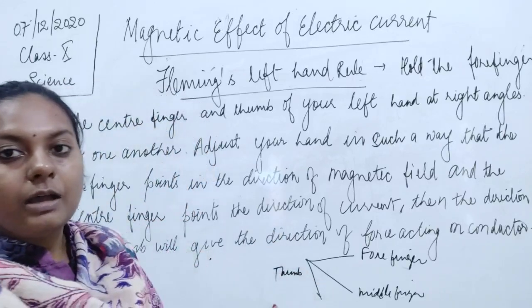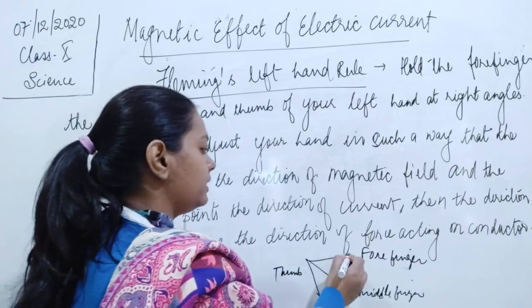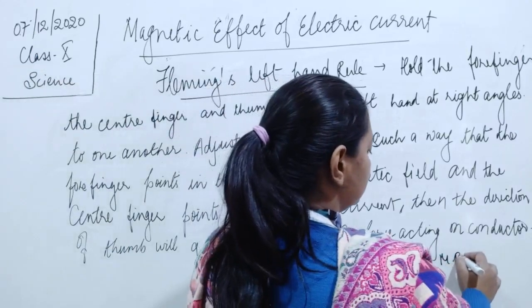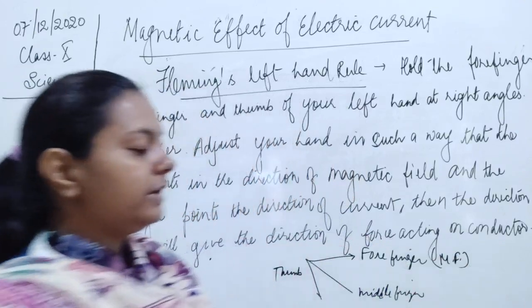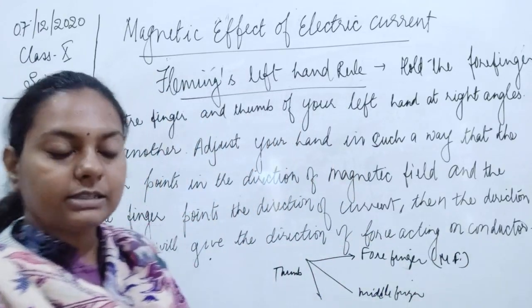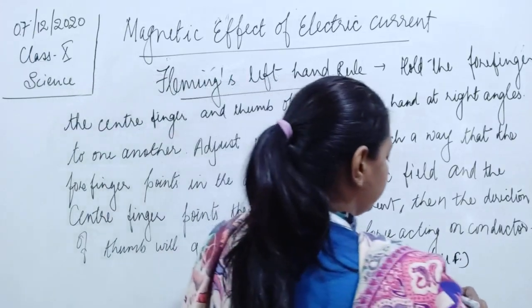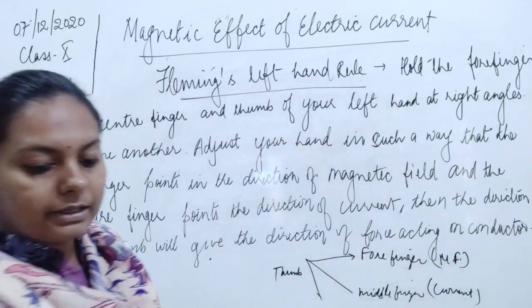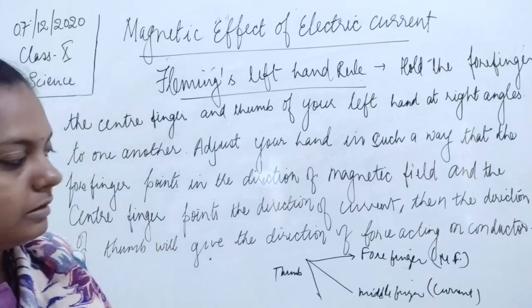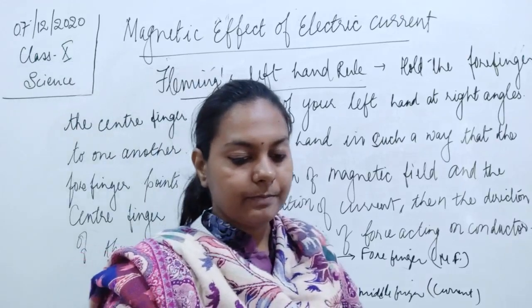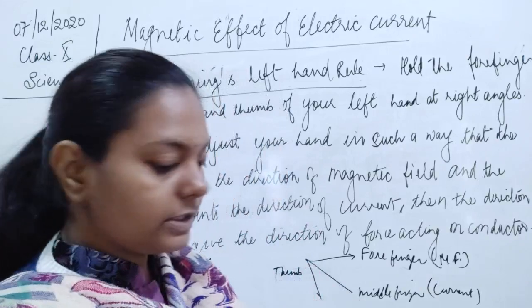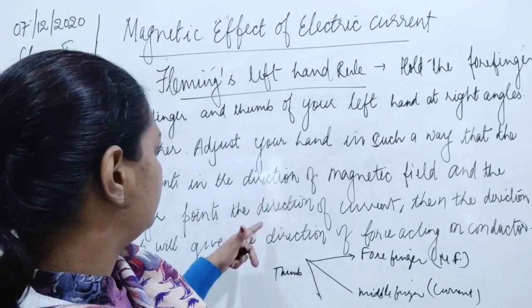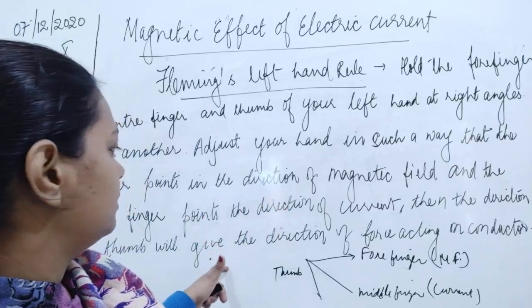ठीक है. अब क्या होगा, ये जो 4 finger है, this points the direction of the magnetic field. The middle finger points the direction of current, and the thumb is going to point the direction of motion.